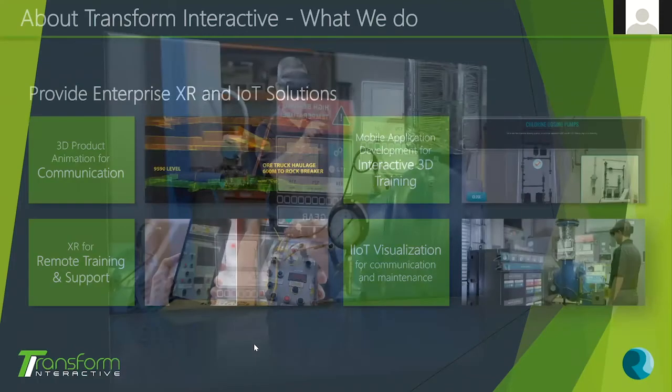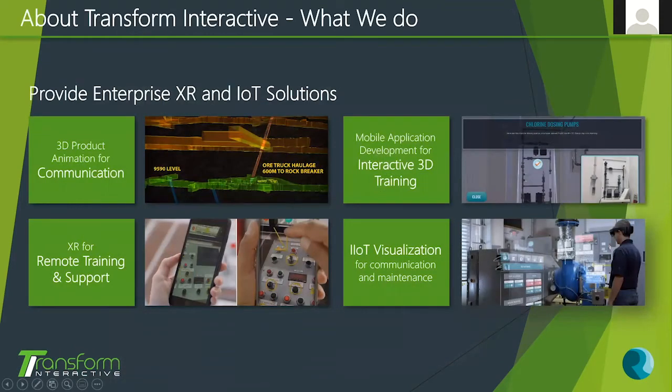So as I mentioned, there are four main things that we focus on when it comes to our company in general. Communication. Training that's interactive, that people can actually do to learn the training. Remote training, especially in times of where we're at right now. I think everybody's tired of saying the word COVID, but remote training where we do not have to be in the same location, of course, but still be able to do that training in a visual kind of way.